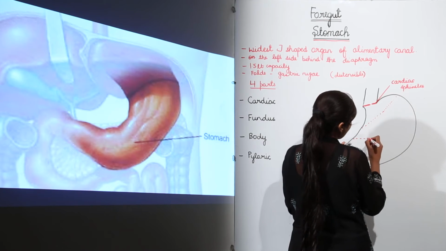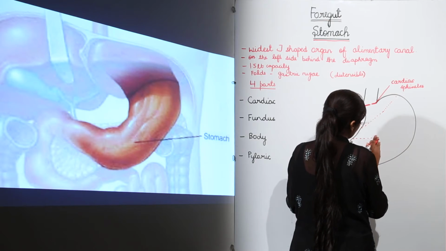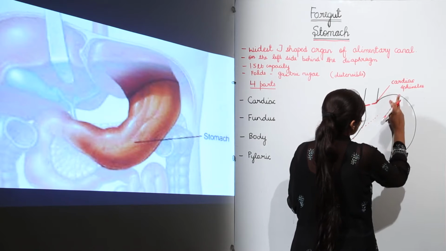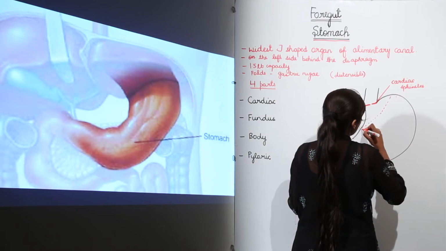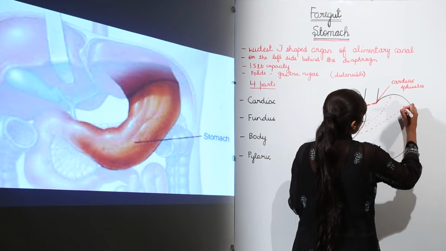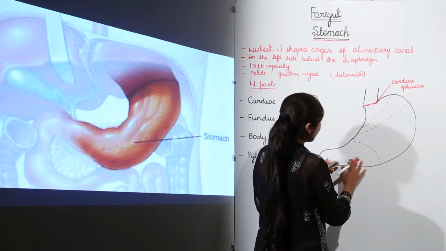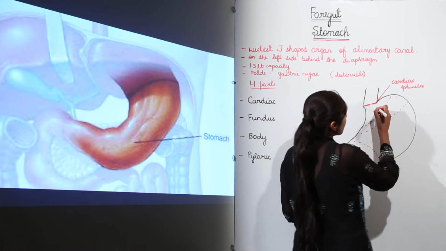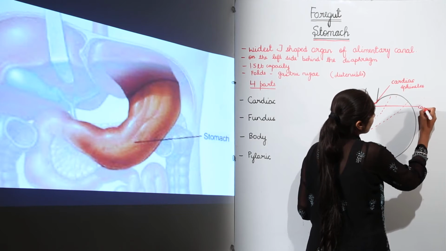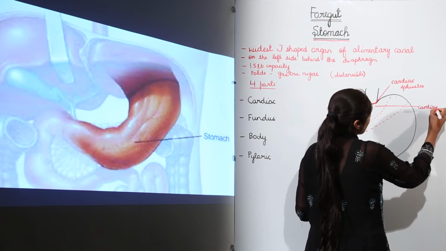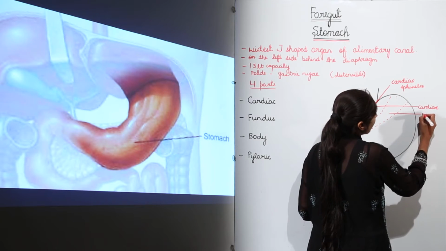Then we have the fundus, we have the body, and then we have the pyloric part. So, this is the cardiac region, this is the fundus region.